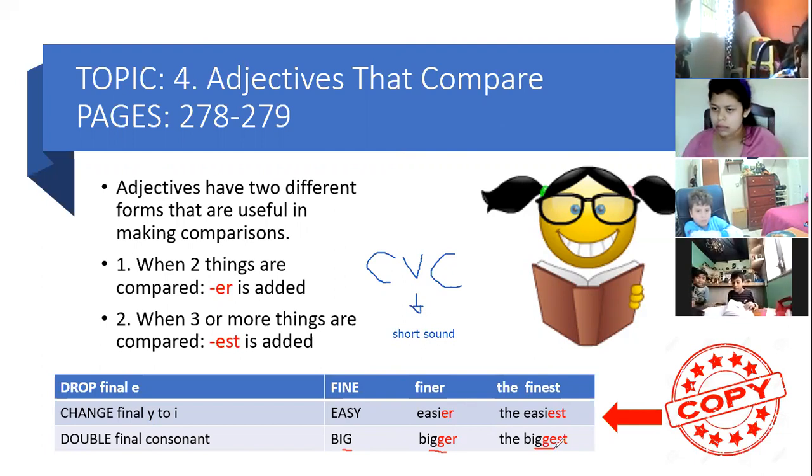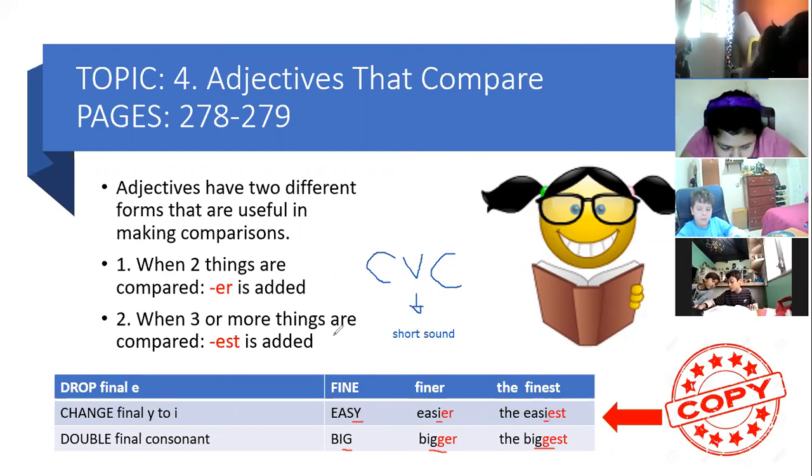Okay? Here, when the word finishes in Y, we change the Y to I, and then we add the suffix, ER or EST. But you have to be careful with this one, because those rules don't apply to all kinds of words.